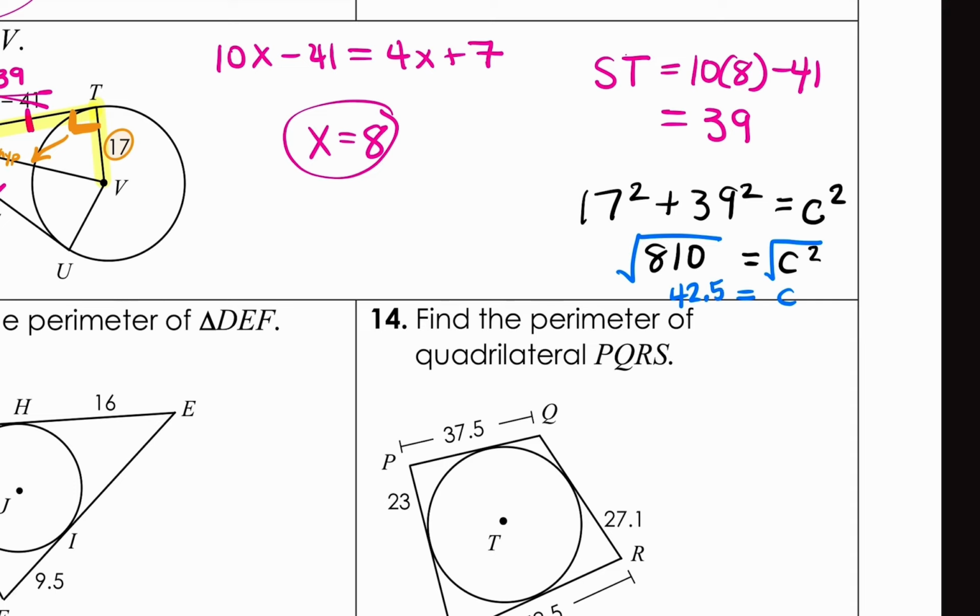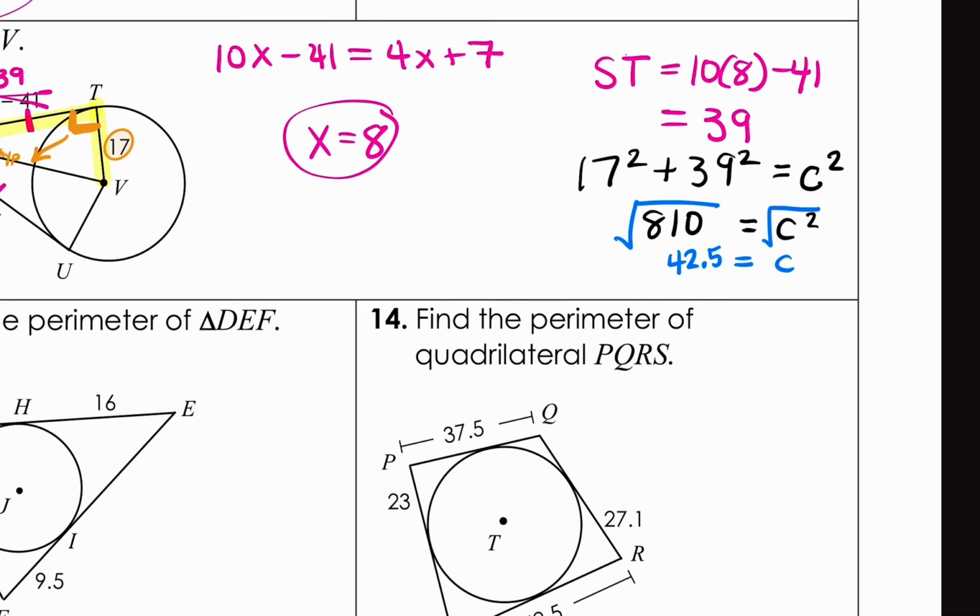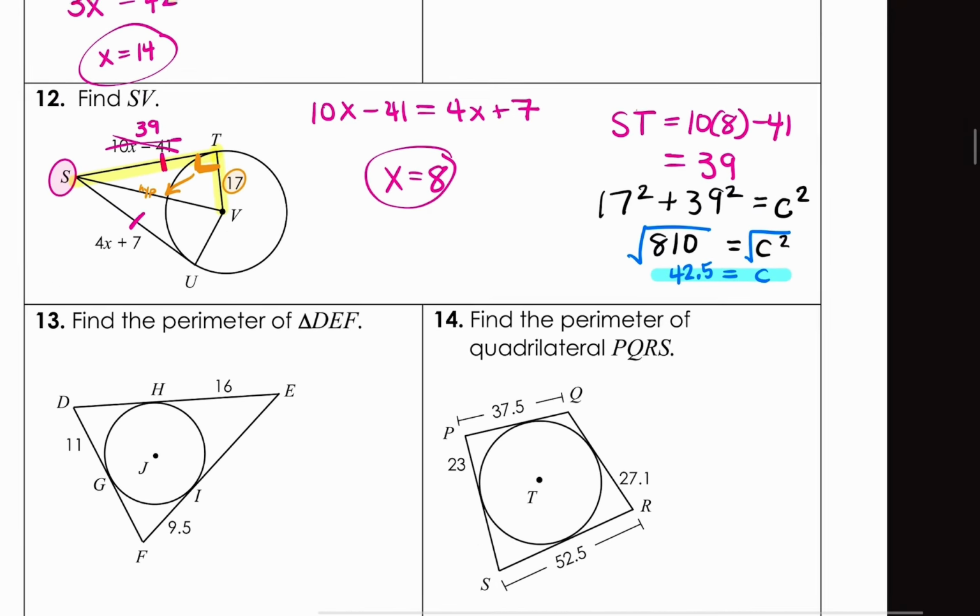I'm just going to move that up because we're squeezing it in there. So there you go, the c value is 42.5. And of course, c pertains to the hypotenuse that we were looking for earlier, which was SV. So we found that SV is 42.5.